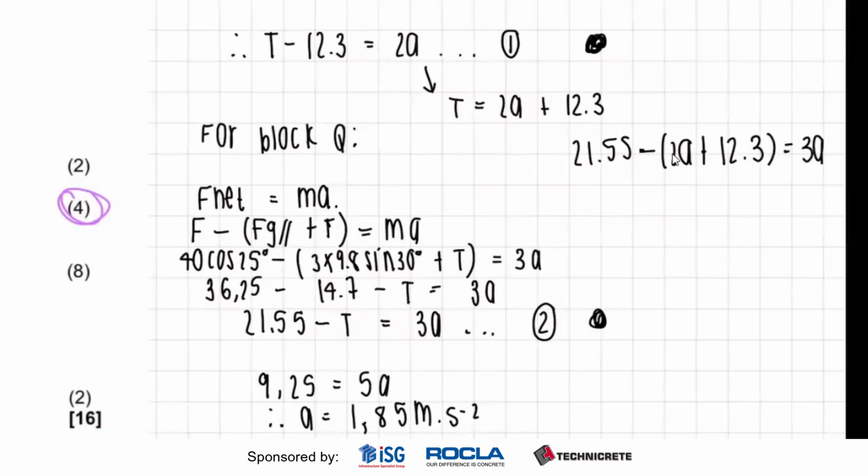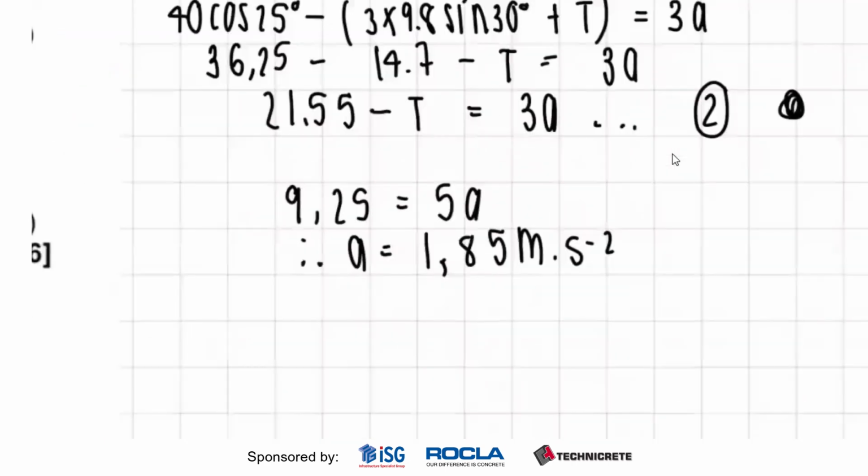We typed it into our calculator all nicely, sorted everything out, and from that, we got 9.25 equals 5A. Because you can see that we substituted that in, we added the 2A on the other side to get 5A, and then we went 21.55 minus 12.3, and that got us 9.25.